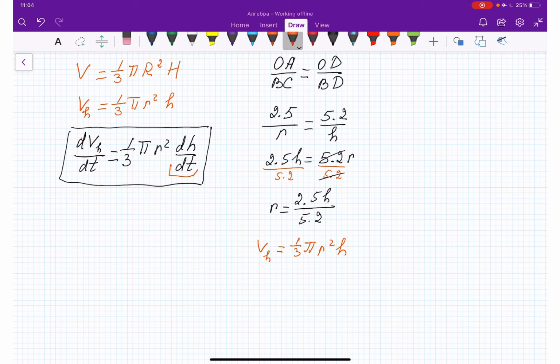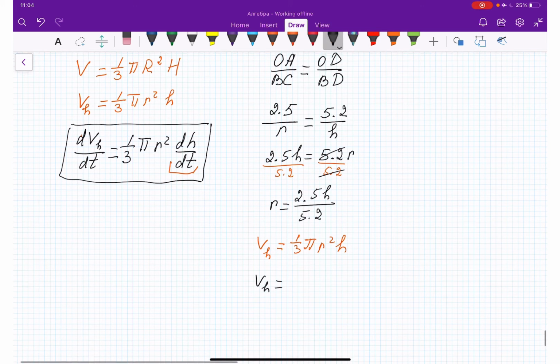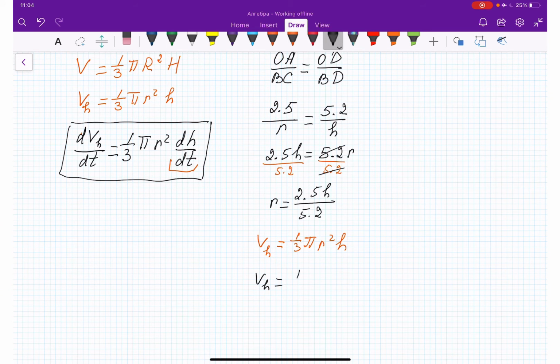So Vh is equal 1/3 times pi times r squared. It's going to be 2.5h divided by 5.2, this is squared, and times h, right? This is what I'm using.